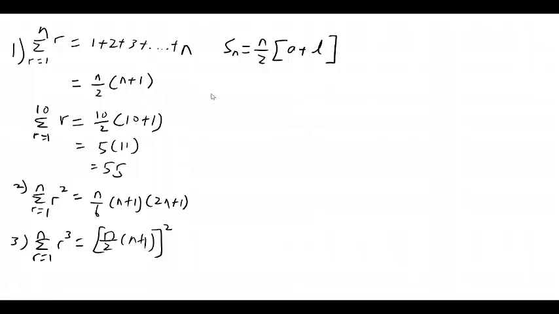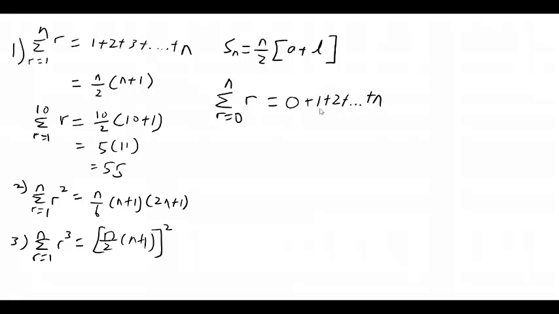Next, some other things to take note of: what happens if the first term is not 1? I want to start from 0. Does my formula change in this case? The answer is no. Why doesn't it change? Because when r equals 0, you get 0, then you plus 1 plus 2 until n.